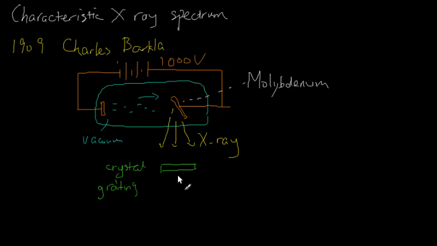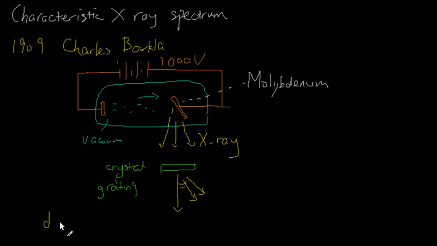So with this crystal, when the X-ray comes through, the X-ray will be diffracted in different directions. Usually, X-rays coming out from this plate would have a range of wavelengths, so we can have X-rays diffracted at different angles.